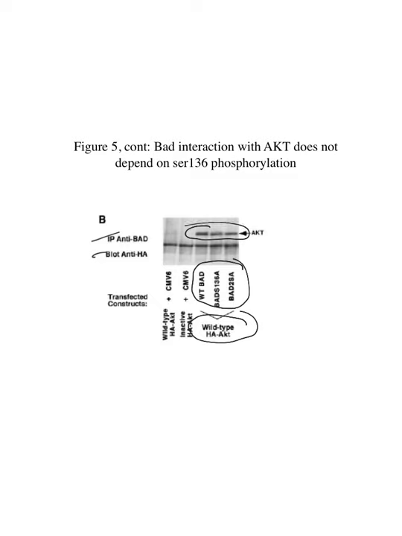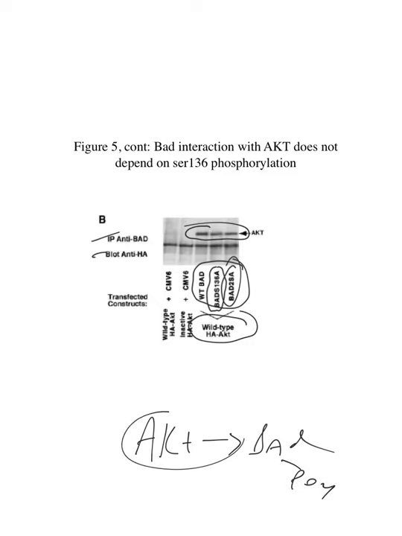So the only way AKT got there is by that physical interaction, and notice that AKT interacts with the unphosphorylated version of bad as well. So the version of bad that cannot accept a phosphate at position 136 still interacts with AKT. And that's just another way of really driving home the point that AKT is immediately upstream of bad in this pathway, and this is the kinase that does this phosphorylation.